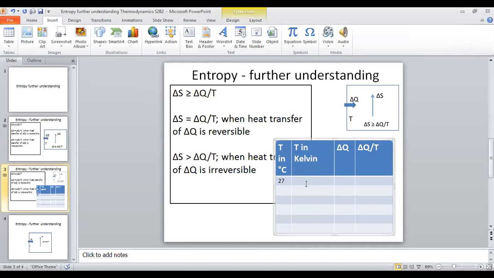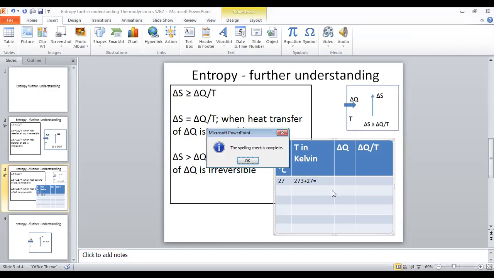T in Kelvin is 273 plus 27, that is equal to 300.